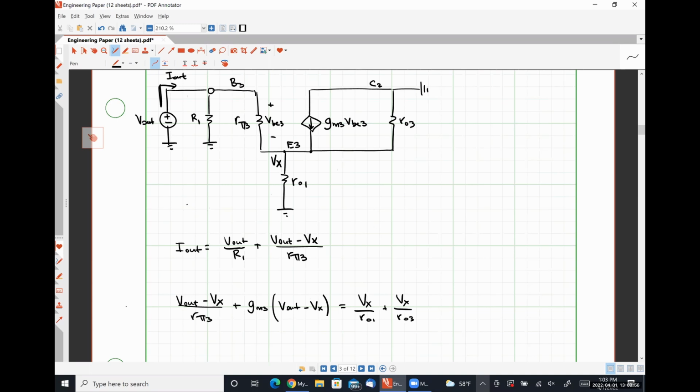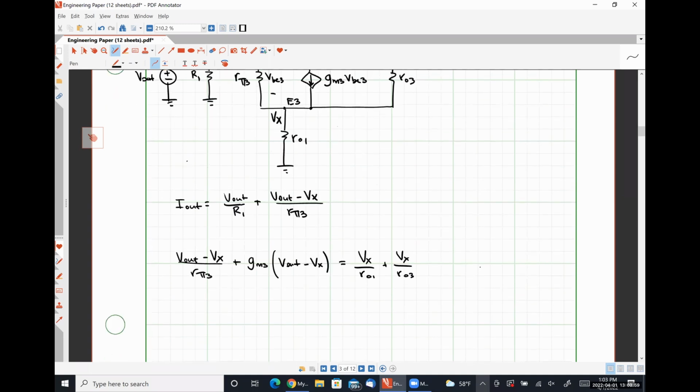Okay. All right, so let's manipulate this a little bit further. We're going to have V out times 1 over R pi 3 plus GM3 is equal to Vx times 1 over R pi 3 plus GM3 plus 1 over R naught 1 plus 1 over R naught 3.